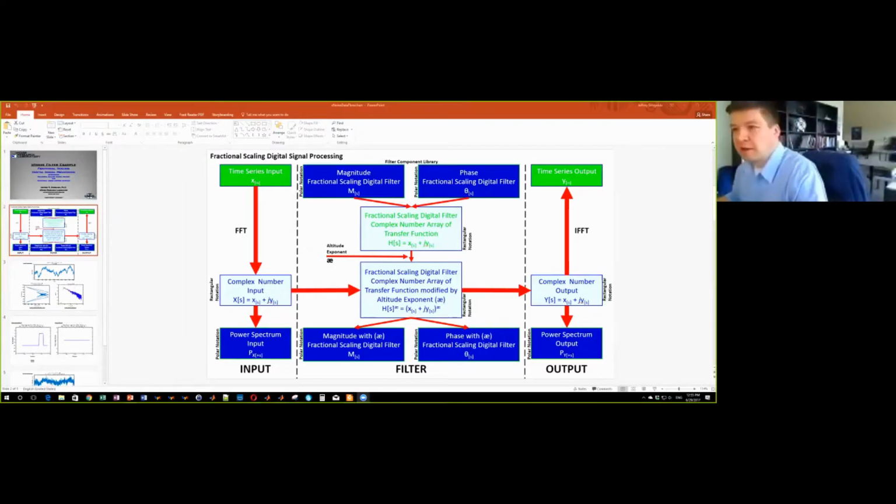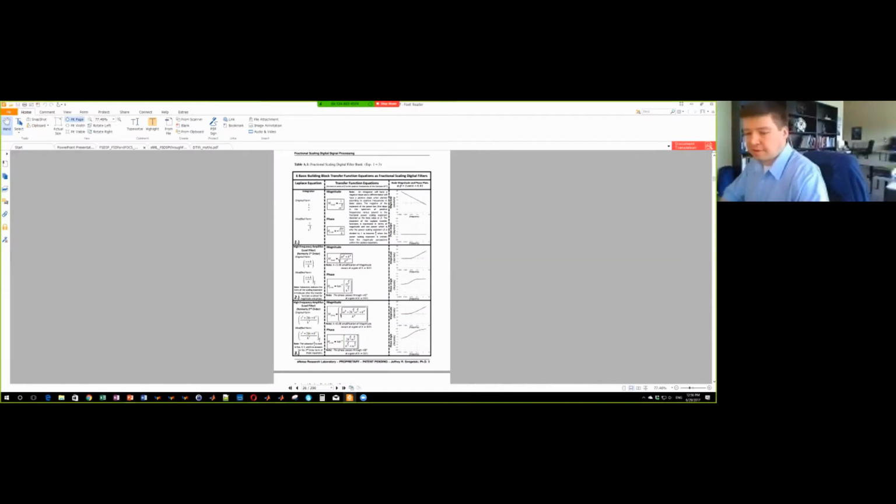I will start out by just introducing the filters in general. The filters are based on fractional calculus in terms of what's called a fractional scaling exponent.